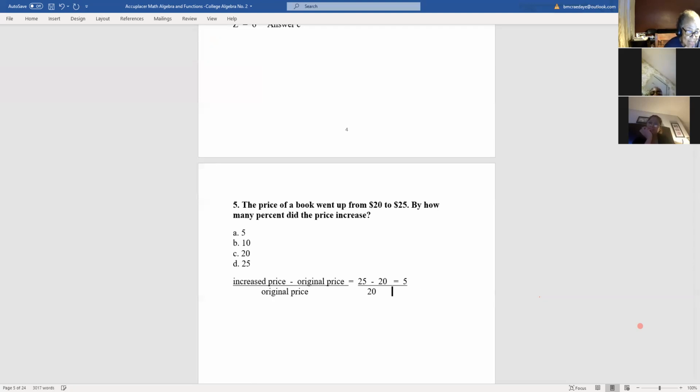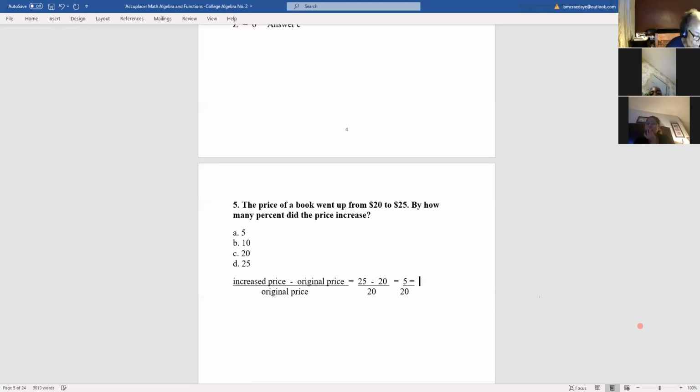So what's the fraction? What's 5 over 20? Simplify it. What do you get? 1/4. Very good, Chastity. 1/4. That's equal to 25.